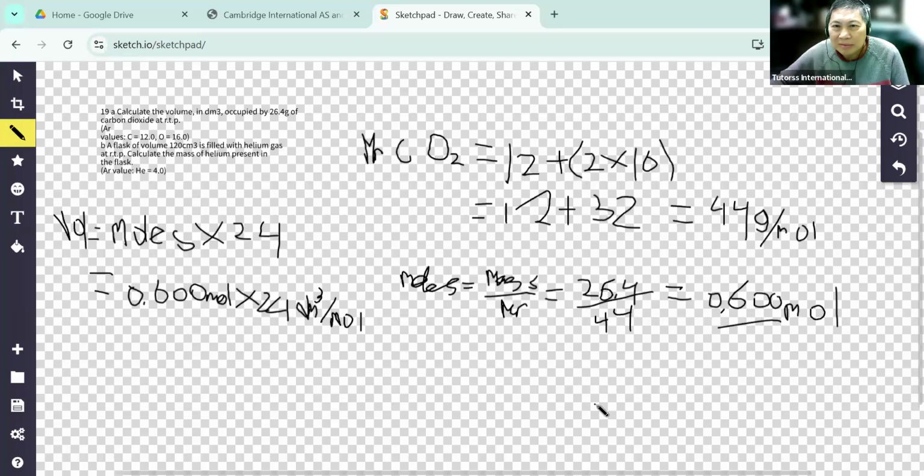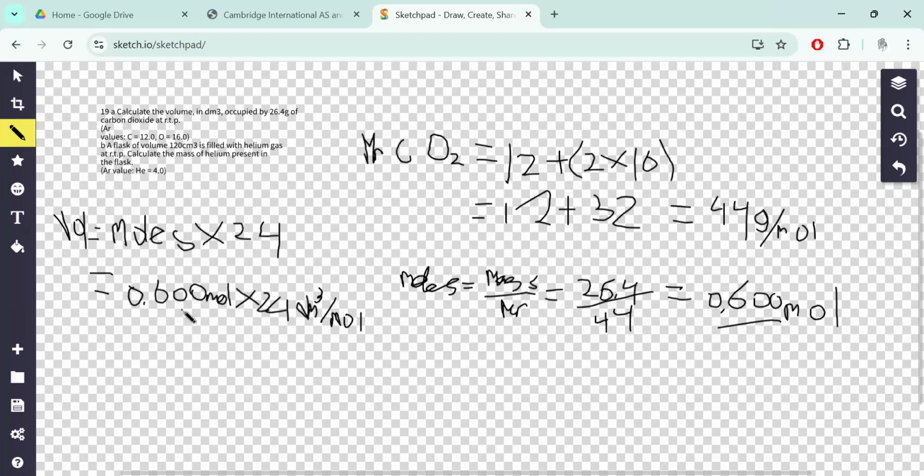Okay, so now we have here the volume of gas at the usual room temperature, which is 24 decimeter cube over mole. And we have the moles here, 0.600. So here we're just going to cross out the mole, which leaves the unit to be decimeter cube. This is the volume. Did I just say concentration?